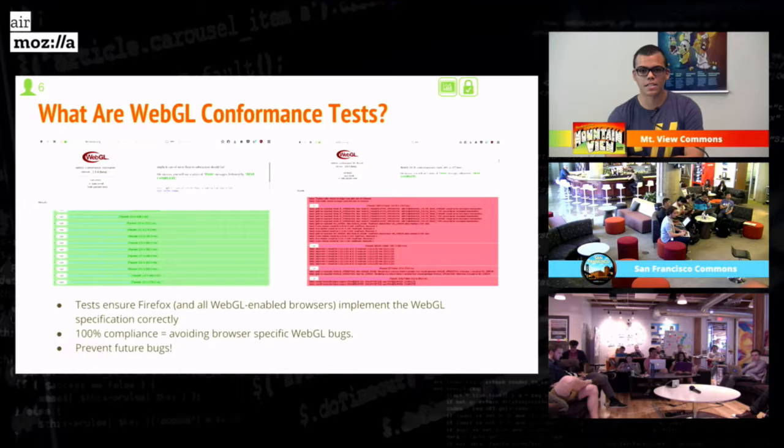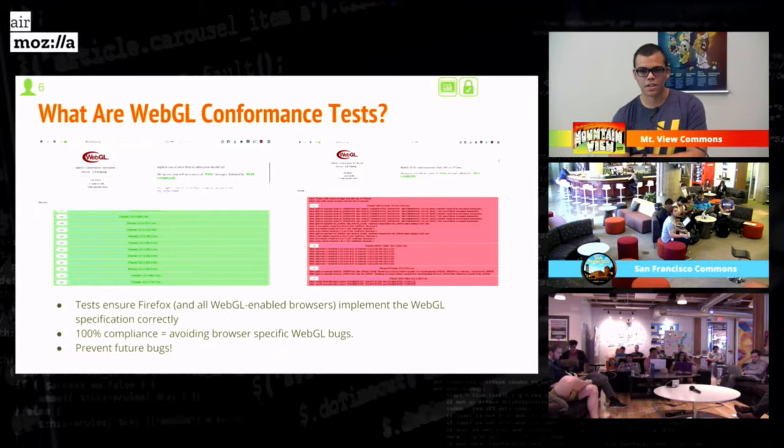A conformance test is basically a series of instructions in WebGL that tests that Firefox implements the standard correctly. Something like painting a picture on the screen using multiple attachments in the correct order.